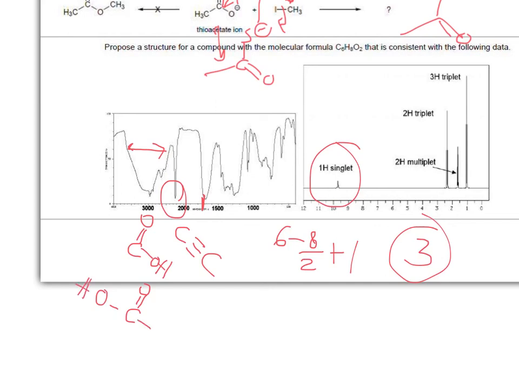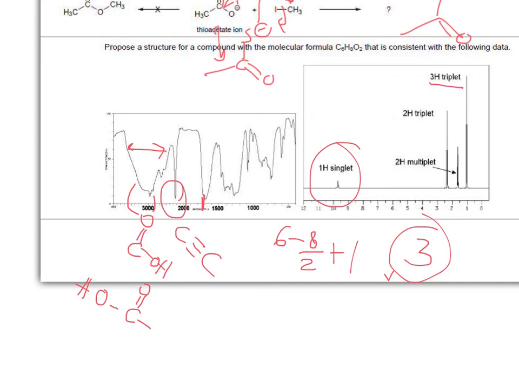This triple bond will have to be an internal triple bond because you don't see the 3300. You don't see that. So we don't have to worry about that then. But looks like we have taken care of the entire amount of degrees of unsaturation. And now it's a question of putting the remaining 3 groups.